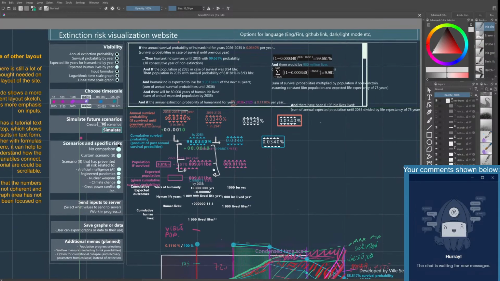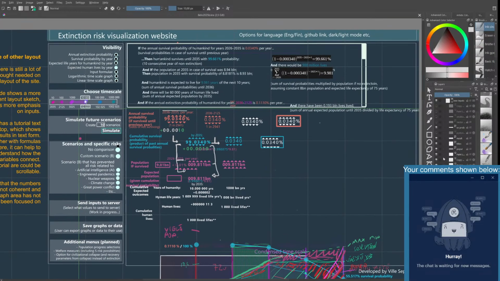Up here, I was thinking I could have some kind of tutorial which shows the equations on how these variables link.